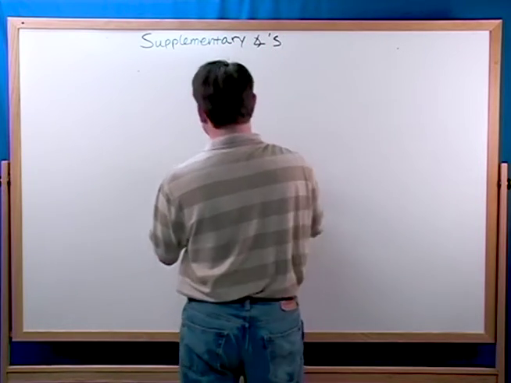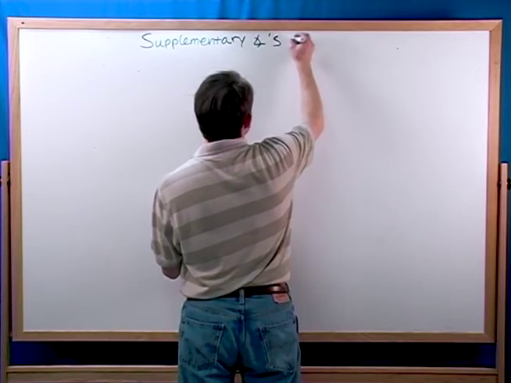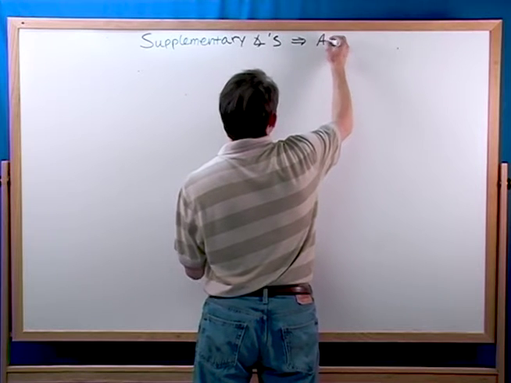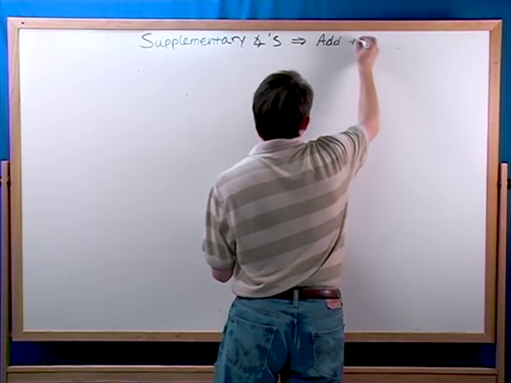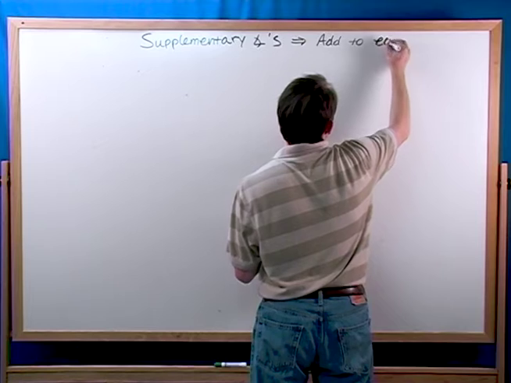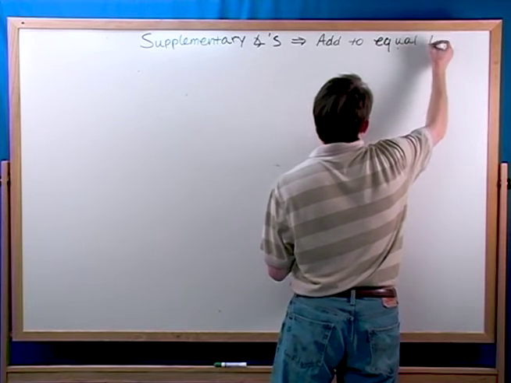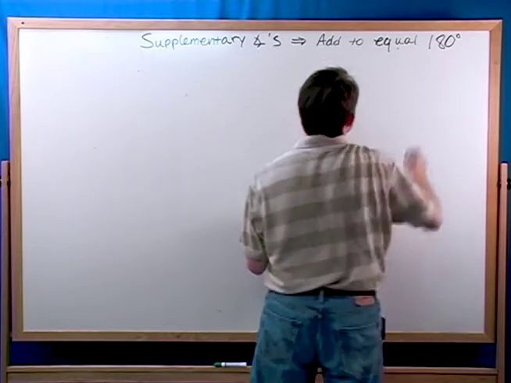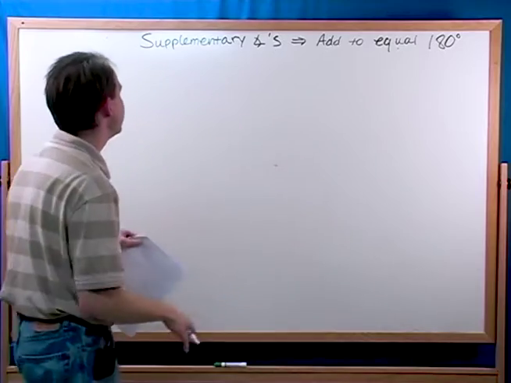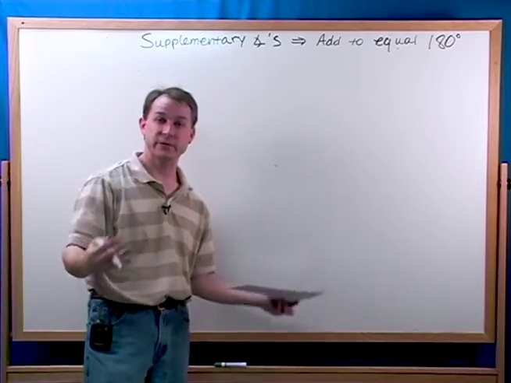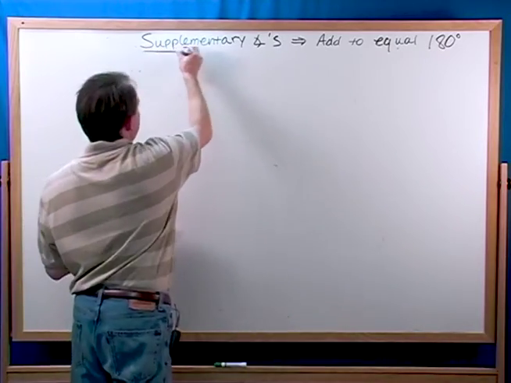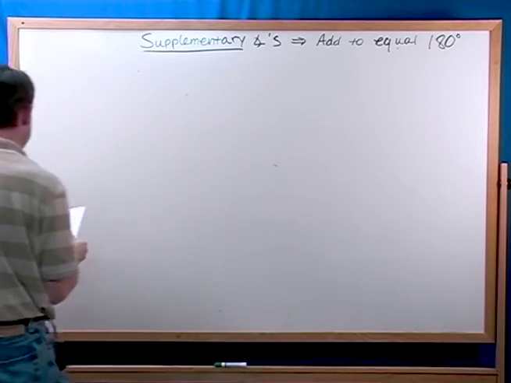Supplementary angles are two angles that add to equal 180 degrees. That's all it is. So it's the same exact problem as before. Instead of adding to 90 degrees, they have to add to 180 degrees.